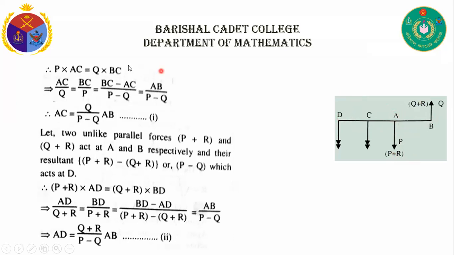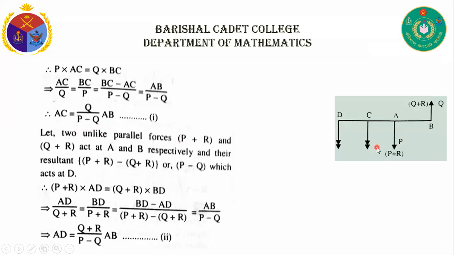Again I repeat that when we use the ratio formula we take only the difference, the minus. So BC minus AC equals P minus Q, that is, BC minus AC equals AB, by P minus Q. So AC equals Q by P minus Q into AB.